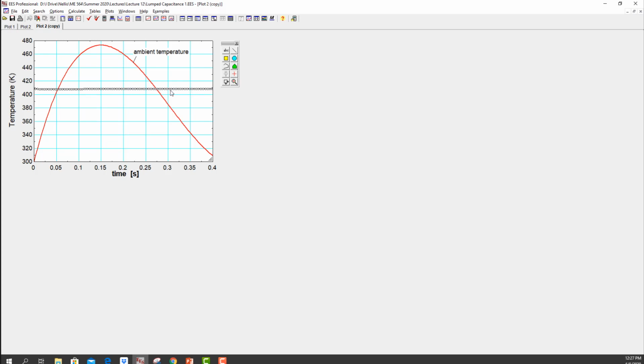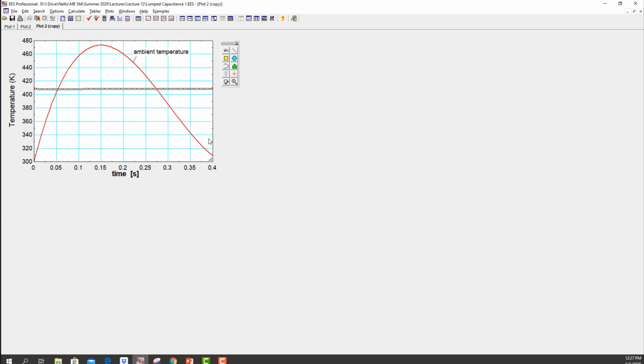It takes a long time to get to steady state, but when it finally does, it sits at some temperature such that the energy it gets when the ambient temperature is above its temperature is exactly balanced by the energy it loses when the ambient temperature is below its temperature.